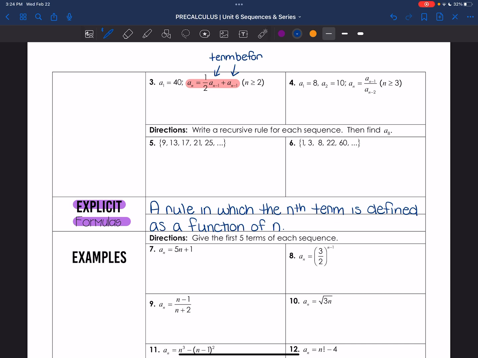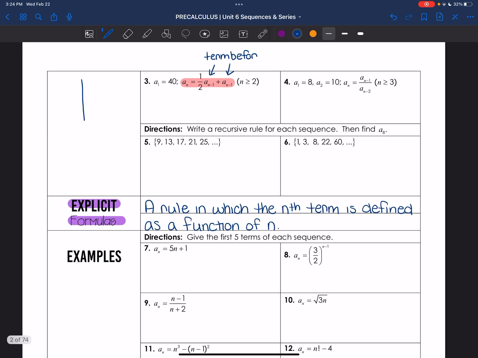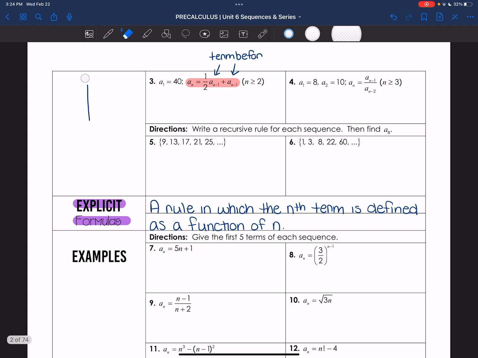So you can kind of create a little table right here if you wanted to. Maybe we'll do it horizontally. Right? And nope, you're right, it would work better to do it vertically. So let's go ahead and begin. We're going to do n and a_n.